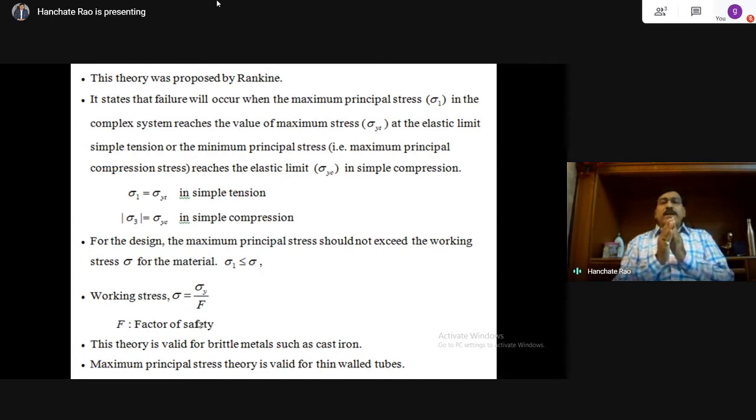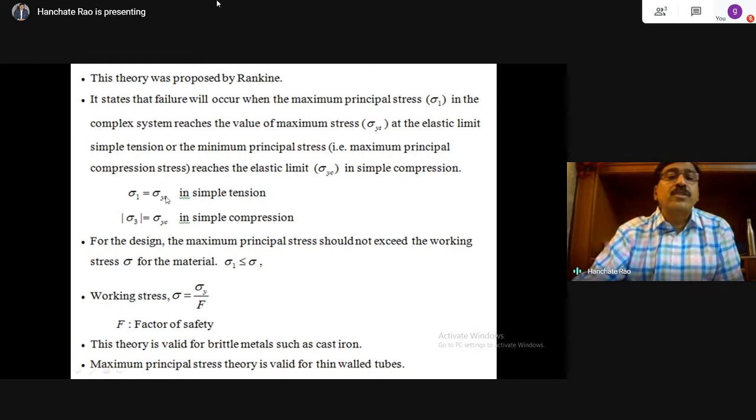Failure will occur when the major principal stress in the complex stress system is equal to the tensile stress at the yield point in simple tension, or when the minor principal stress reaches the compressive stress at the yield point. Sigma 1 should be less than or equal to sigma YT for no failure. So factor of safety is equal to the ultimate material strength divided by this sigma 1 value.